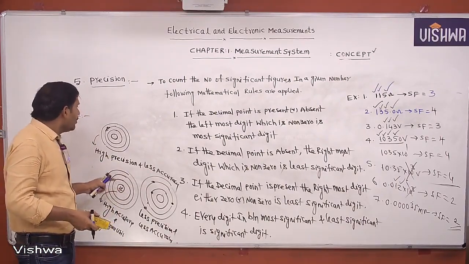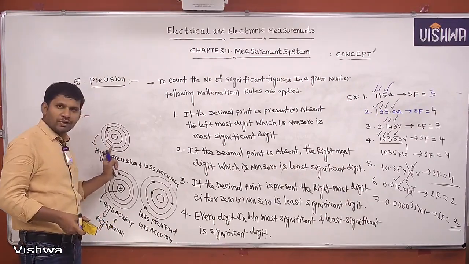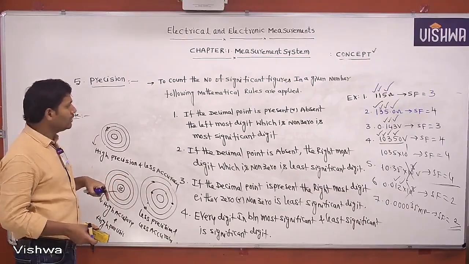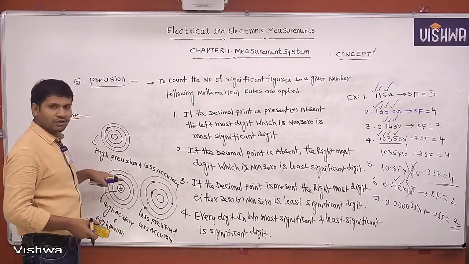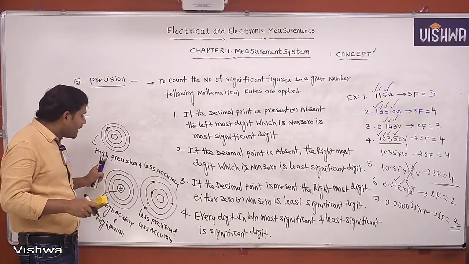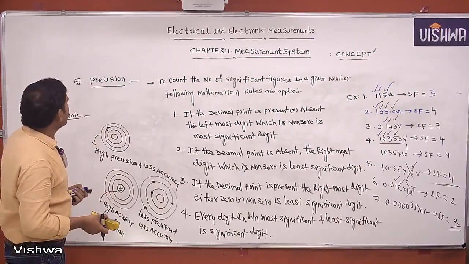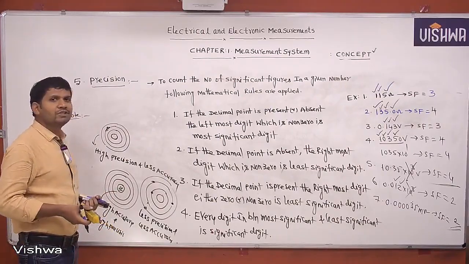By using black dots also we can make the measurement of accuracy. Sorry, we can define the precision. Here I am telling what the precision is and what the accuracy is, by relating them. This is about what exactly the precision of an instrument is.